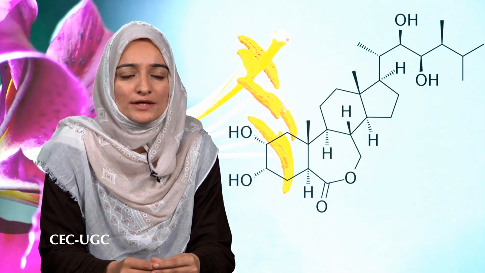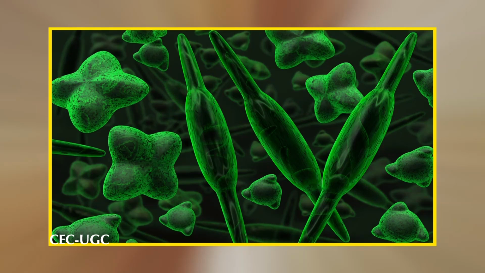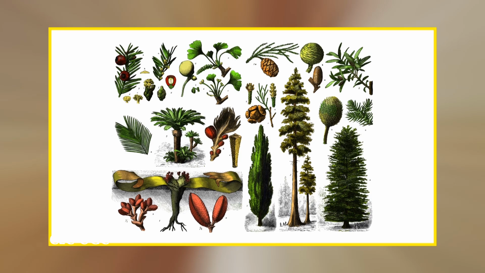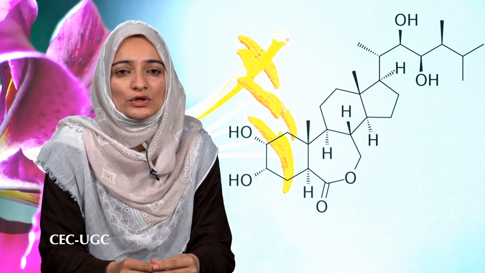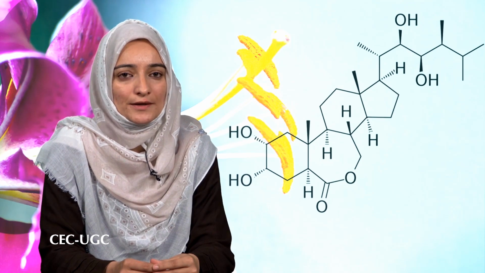Natural brassinosteroids were isolated or detected in algae, pteridophyta, gymnosperms and angiosperms, indicating a probable ubiquitous distribution in the plant kingdom.